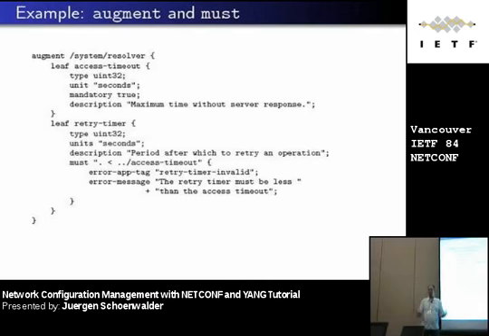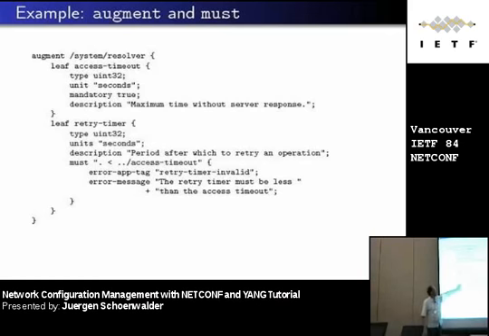So I can write down a constraint here, because the value of this leaf needs to be less than the value of that leaf over there. And so if someone now configures values that don't satisfy this simple rule, I can actually specify what's happening on the protocol level in the RPC error reply.